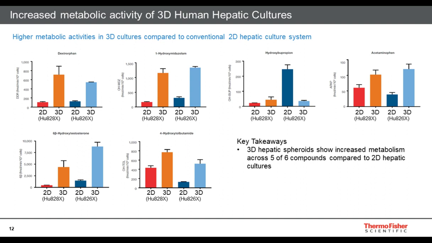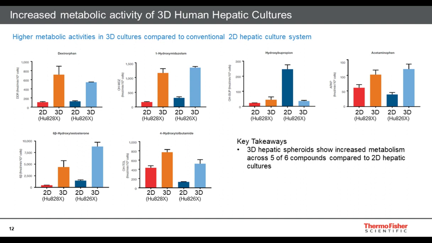Okay, and so we're looking at increased metabolism. In this case, we're comparing metabolism of 6 compounds across 2 lots of hepatocytes that are cultured in either 2D or 3D.